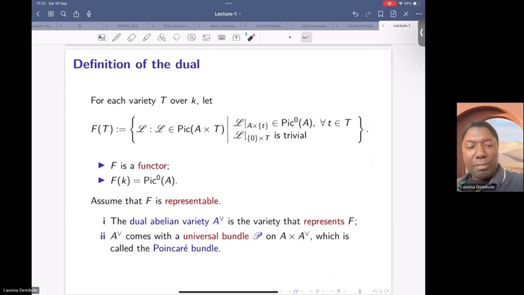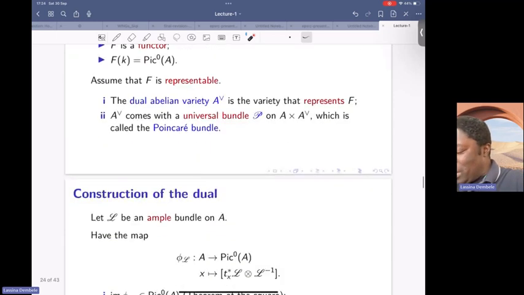As a result of its universal property, this A dual comes with a universal bundle which we call P. This universal bundle is defined on A cross A dual, and the name for it is the Poincaré bundle.